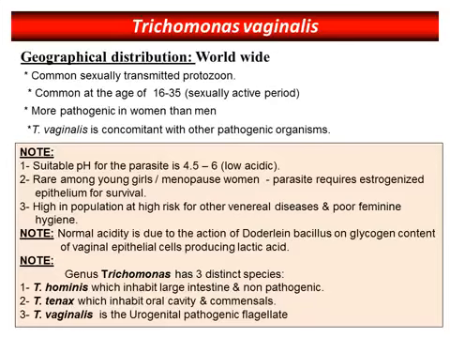Note: normal acidity is due to the action of Doderlein bacilli on the glycogen content of vaginal epithelial cells, producing lactic acid.